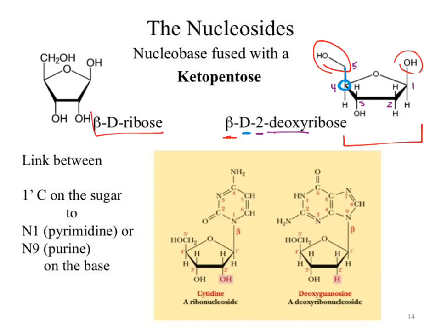We're looking at our beta D ribose. So this is our RNA sugar, and in the other case, we're looking at our DNA sugar. Slight tweaks to the overall structure. And if we look at the name for RNA, its full name is ribonucleic acid because we have a ribose sugar in the RNA structure.